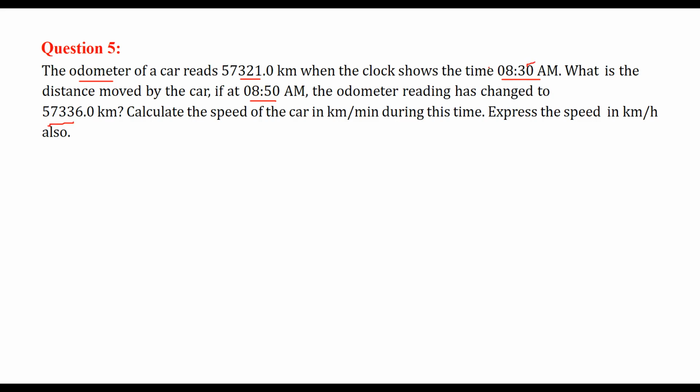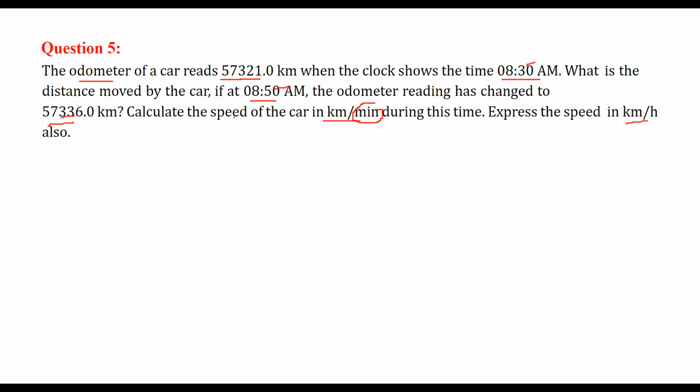So 8:30 and 8:50 means 20 minutes have elapsed, and the difference of these two readings is the distance traveled. We have to calculate the speed of the car in kilometers per minute. This is very important, we have to change the unit also. Express the speed in kilometers per hour. So again we have to change the unit into kilometers an hour.